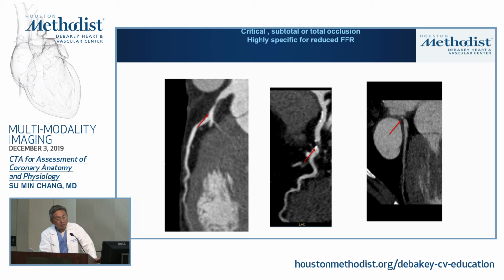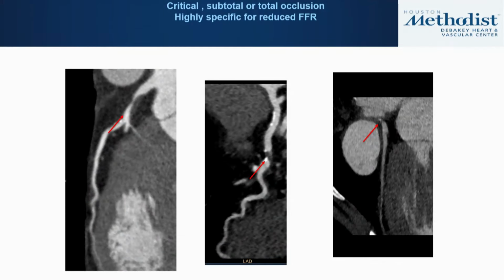But oftentimes you don't really need other functional tests to see if the lesion you see in the coronary CTA is significant or not. If you have critical disease, subtotal or total occlusion, those are highly specific, over 90 to 95% specific.